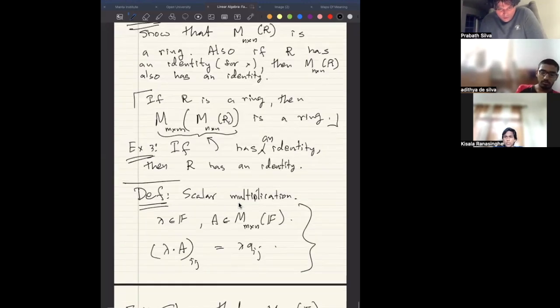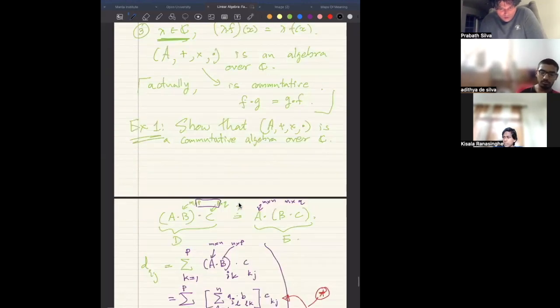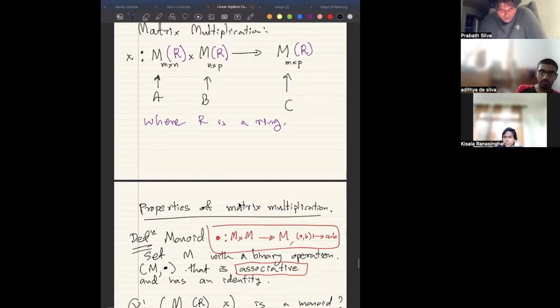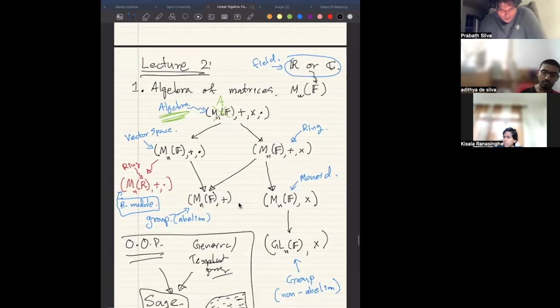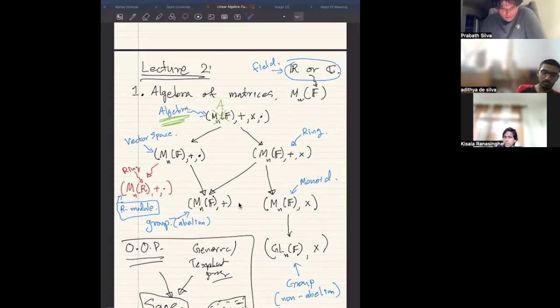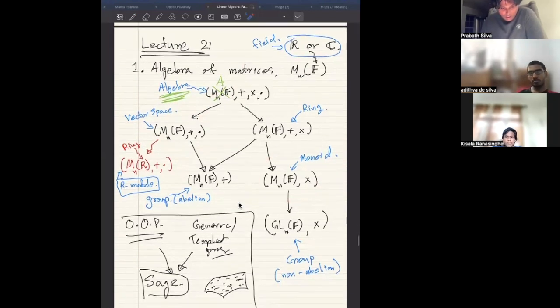Now, let's go back up here. So we have seen examples of these, and we will study this in very much detail. Okay. We talked about this.